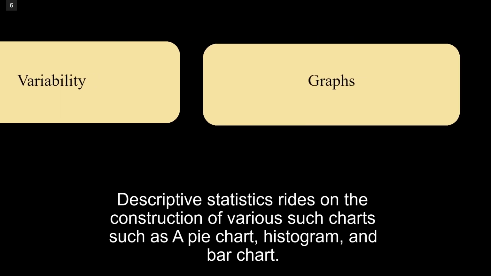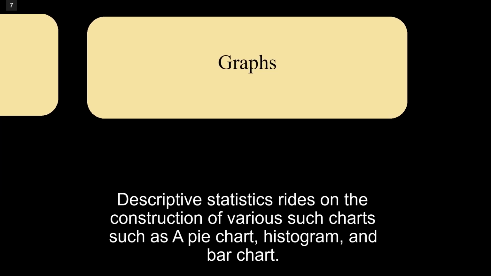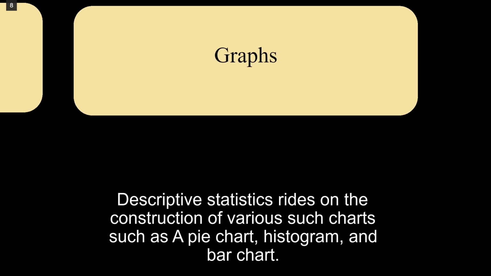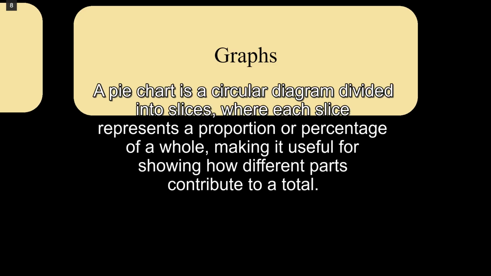Descriptive statistics rides on the construction of various charts, such as a pie chart, histogram, and bar chart. A pie chart is a circular diagram divided into slices, where each slice represents a proportion or percentage of a whole, making it useful for showing how different parts contribute to a total.